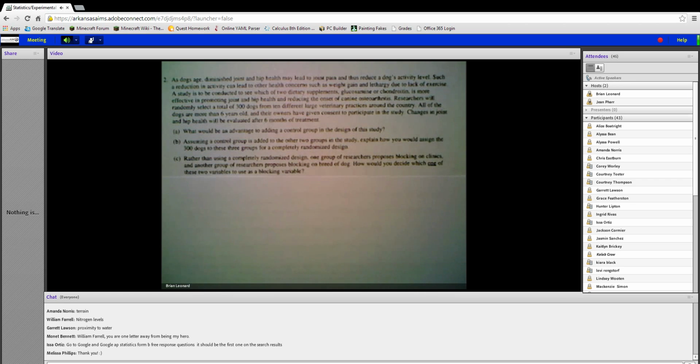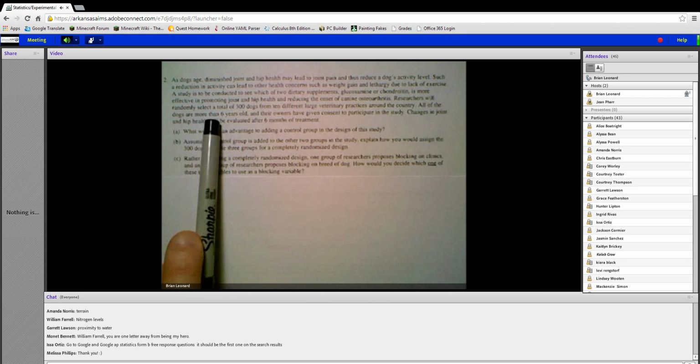All right, so it says, as dogs age, diminished joint and hip health may lead to joint pain and thus reduce a dog's activity level. Such a reduction in activity can lead to other health concerns such as weight gain and lethargy due to lack of exercise. A study is to be conducted to see which of 2 dietary supplements, glucosamine or chondroitin, is more effective in promoting joint and hip health, reducing the onset of canine osteoarthritis.